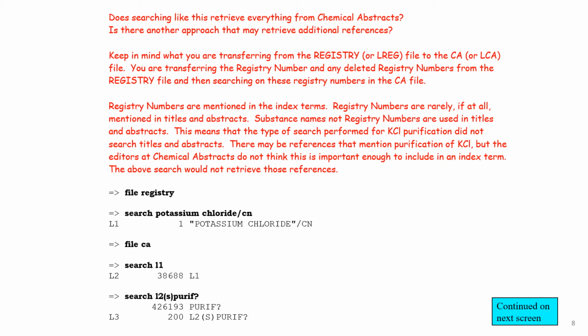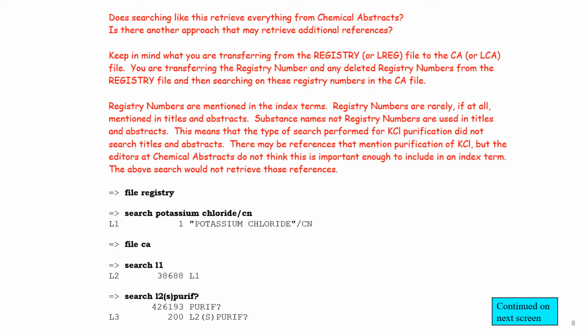It is correct, where you take everything on potassium chloride, that's 38,688 references, and how many of them also mention purification close to it. It comes down to 200. This is a correct search, and you can stop here. My aim in showing you searching, any kind of searching, is that you want to get every relevant reference on your topic. You don't want to be embarrassed by missing anything.